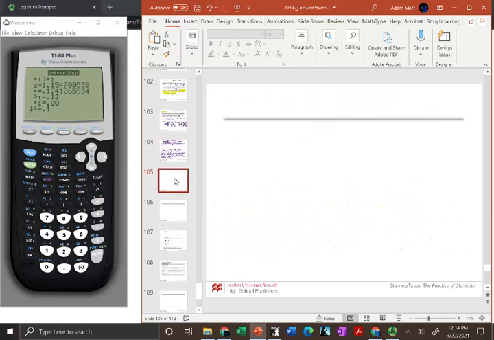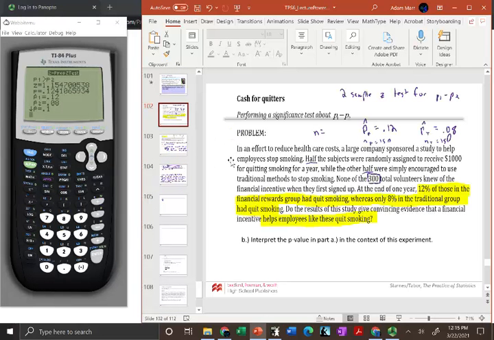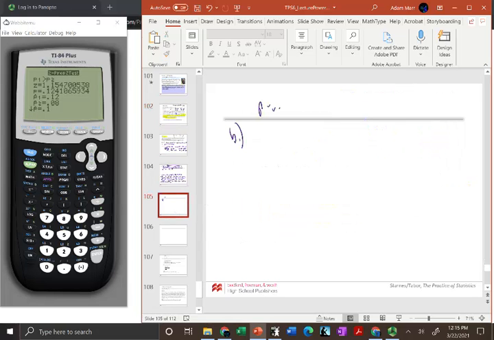All right, so part B would just be interpreting the p-value. So let's go ahead and do that. The p-value right here is 0.1230, or I'm sorry, it's 0.1241.